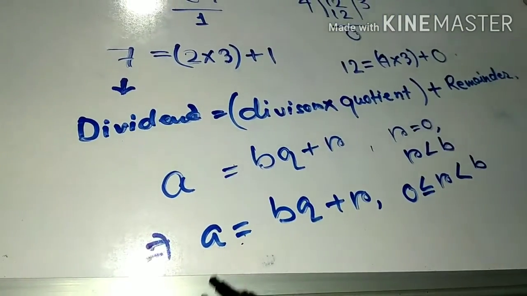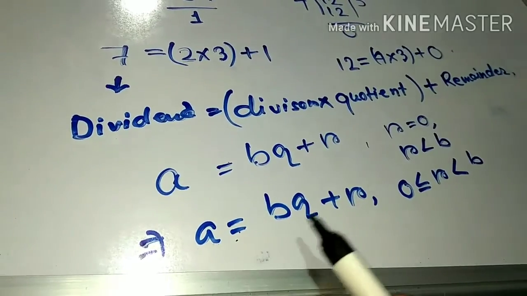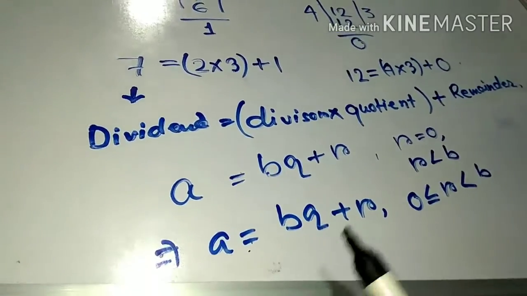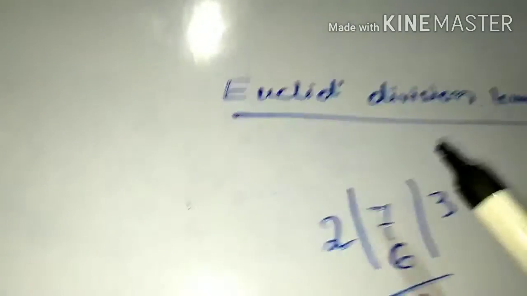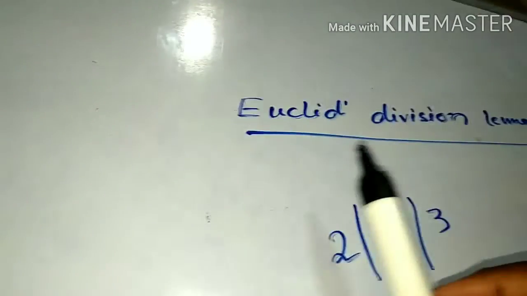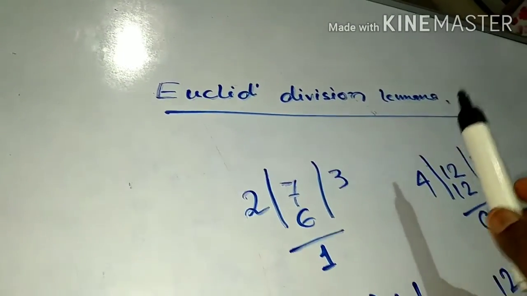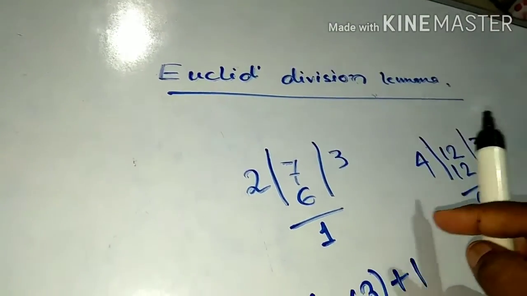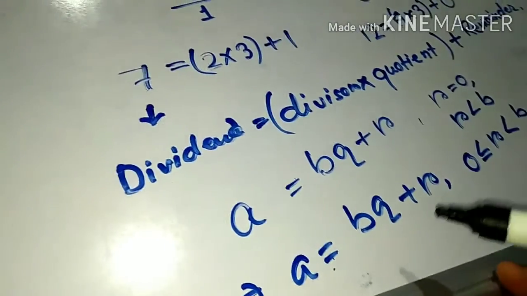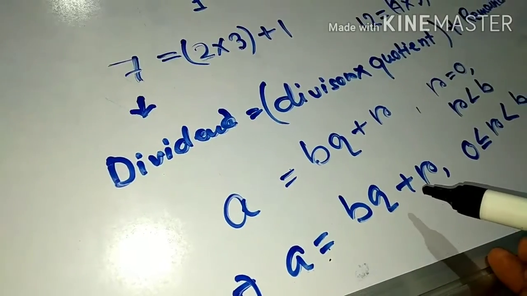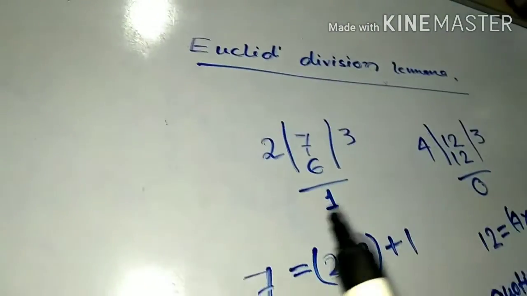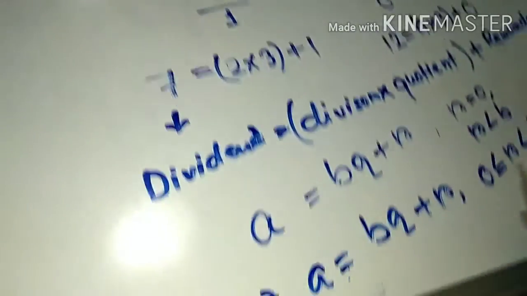This concept, that dividend is equal to divisor into quotient plus remainder, was given by the mathematician Euclid, and this statement is known as Euclid's division lemma. Clear? This is actually a mathematical statement, so we need to write the statement of Euclid division lemma.